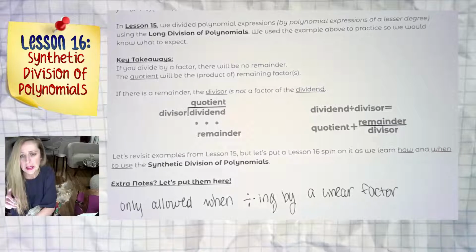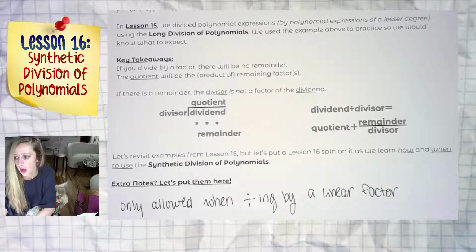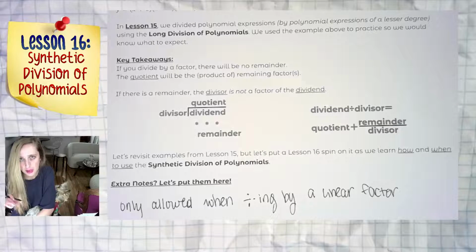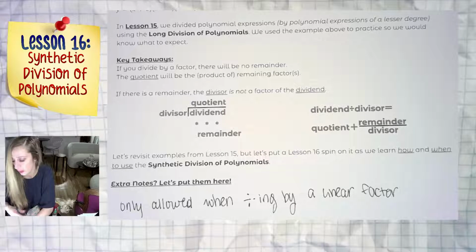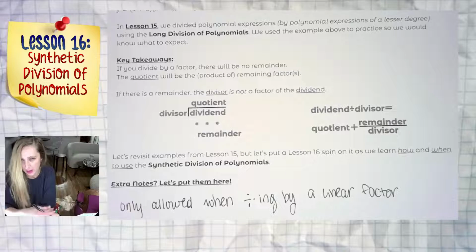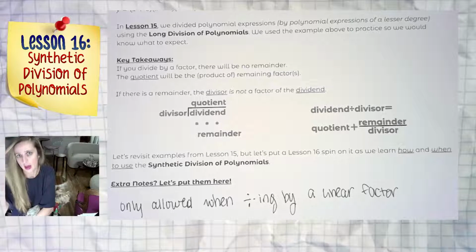Now I'm calling it a linear factor. Even though I'm using the word factor, it doesn't mean that it is necessarily a factor of the dividend, the thing that we are dividing into. It is a factor of that thing in the situation that you have no remainder or the remainder is 0.